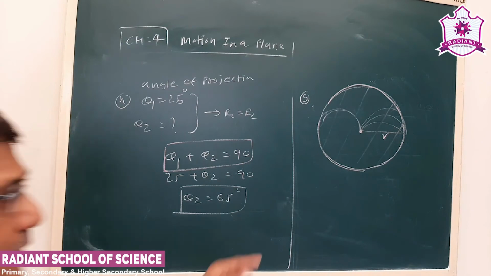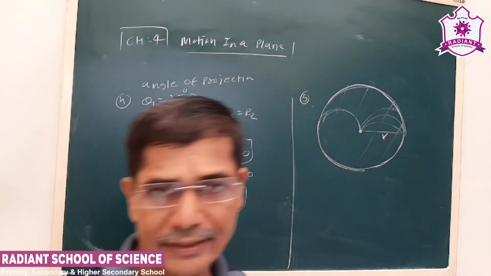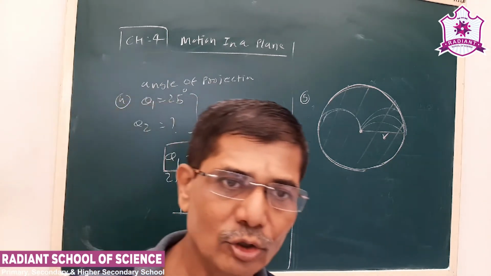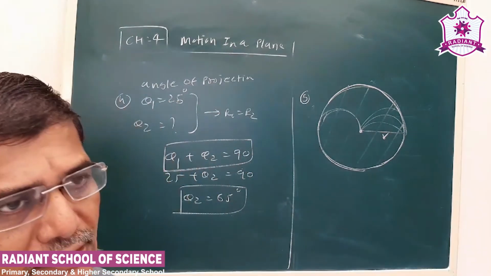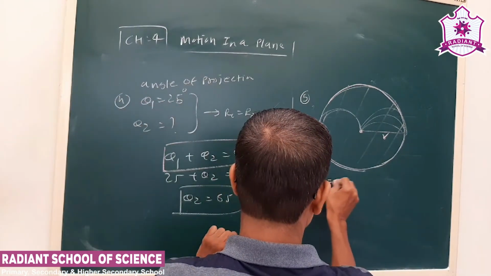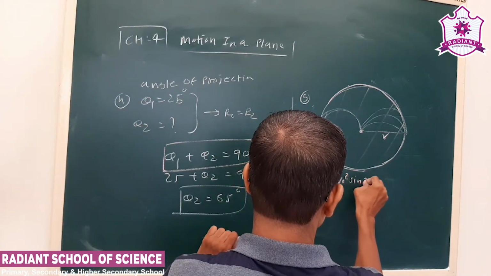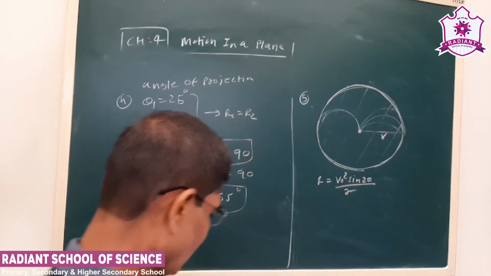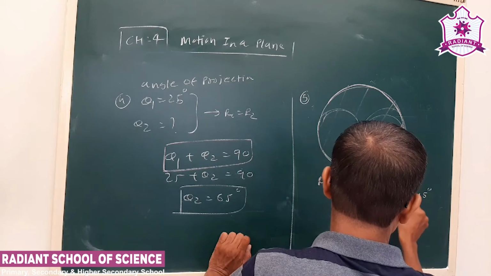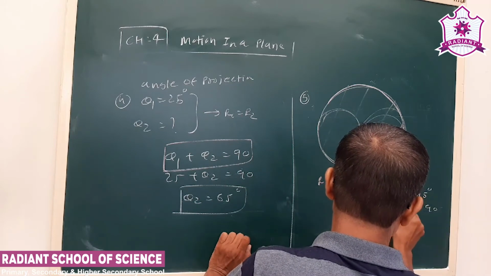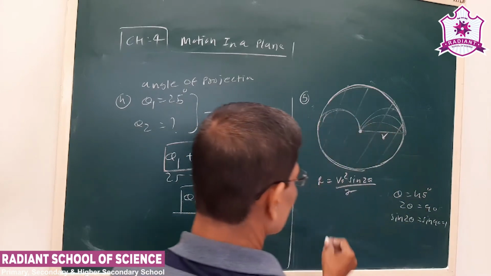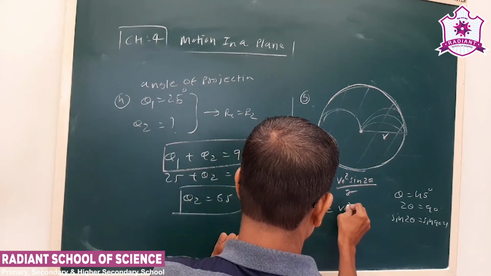Now he can fire the bullet at different angles, but we have seen in the theory of projectile motion that when the angle of projection is 45, the range is maximum. The range formula is v0 square sin 2 theta upon g. For theta equal to 45, 2 theta is 90, sin 90 is 1, so the range is v0 square upon g.